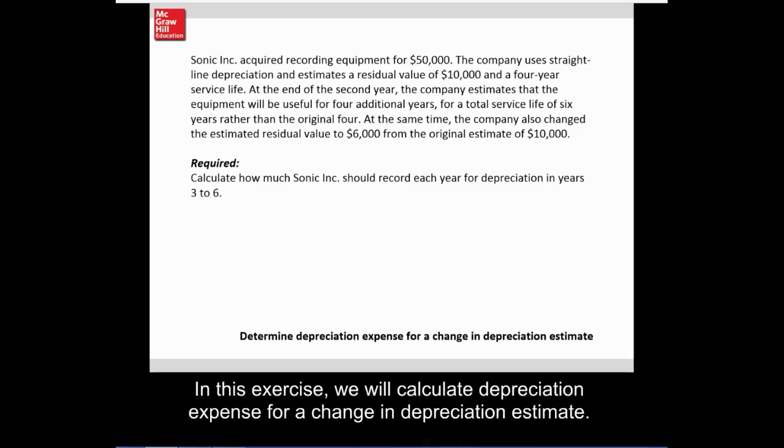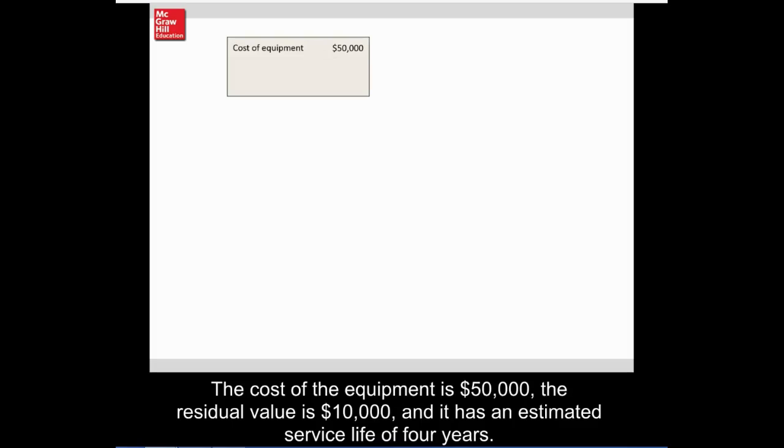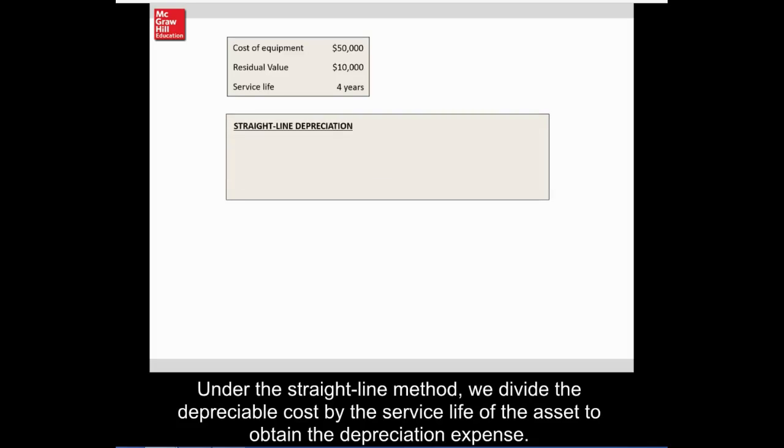In this exercise, we will calculate depreciation expense for a change in depreciation estimate. The cost of the equipment is $50,000, the residual value is $10,000, and it has an estimated service life of 4 years. Under the straight line method, we divide the depreciable cost by the service life of the asset to obtain the depreciation expense.